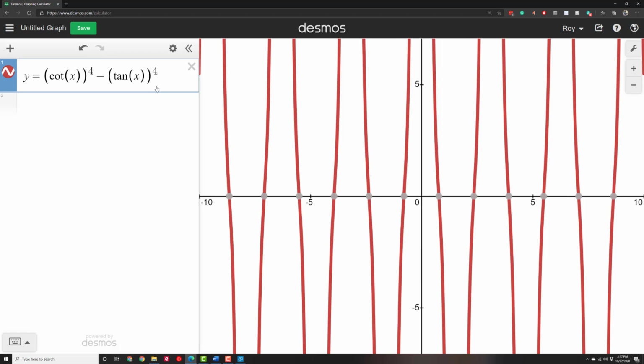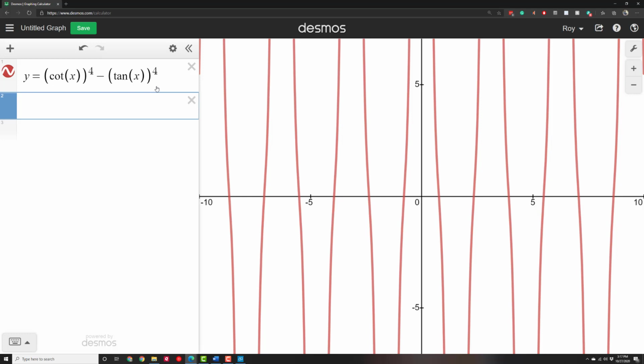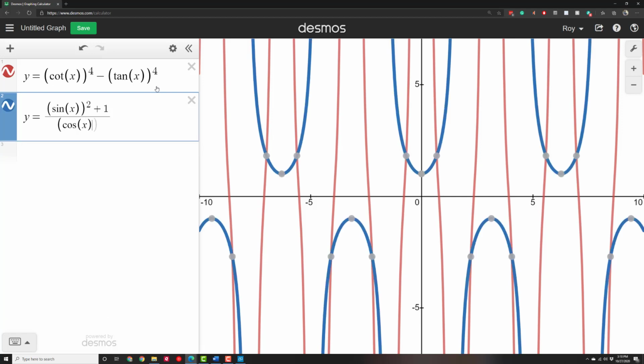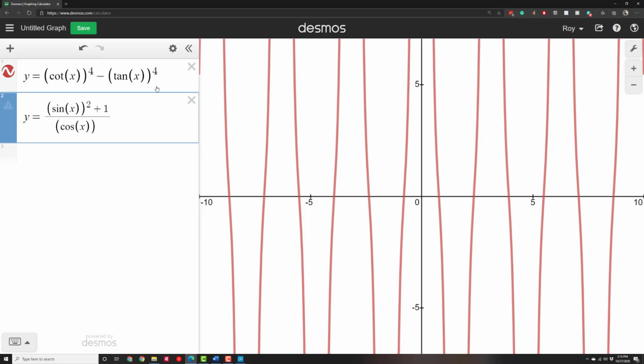So that was the left-hand side of our identity. And we want to see if that's the same as the right-hand side. So I'll graph the right-hand side. And the right-hand side was a fraction where the numerator was the sine of x being squared plus 1. And the denominator was the cosine of x being squared.